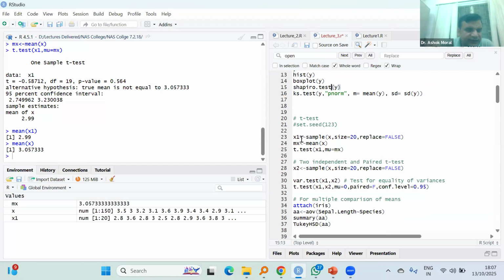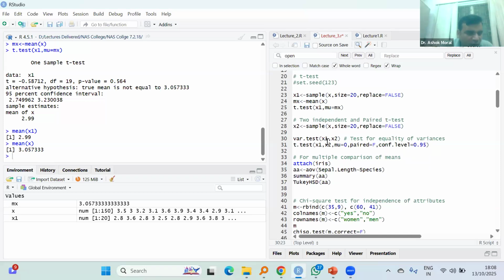That means दोनों ग्रुप के वेरिएंसेस सेम होने चाहिए, स्टैटिस्टिकली सेम होने चाहिए. ठीक, मैथमेटिकली जैसे इसमें भी दोनों में डिफरेंस है but statistically both are same, there is no significant difference. इसी तरीके से how will you test the homogeneity of variance, homogeneity और equality of variances. So there is a command, var.test(x1, x2).